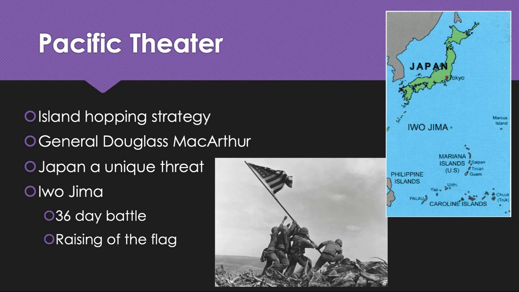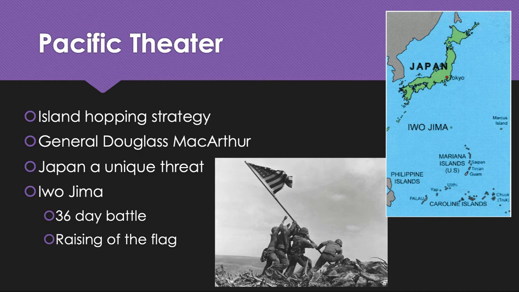And General MacArthur is going to become a big name in the Pacific Theater, really pushing this island hopping strategy to take down the unique threat that Japan had presented.